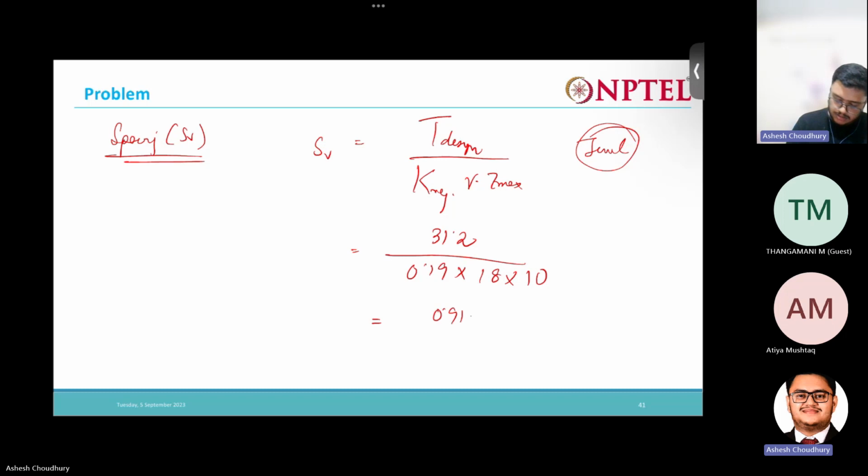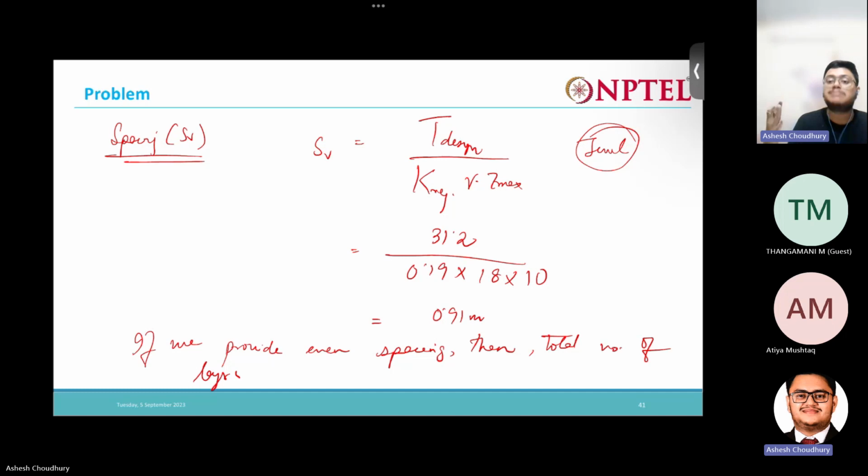Comes out as 10. All right. Close. So if we provide even spacing, the maximum number of layers that we can provide, if we provide an even spacing of 0.91, is H by Sv, that is 10 divided by 0.91, which is equal to 11 layers.